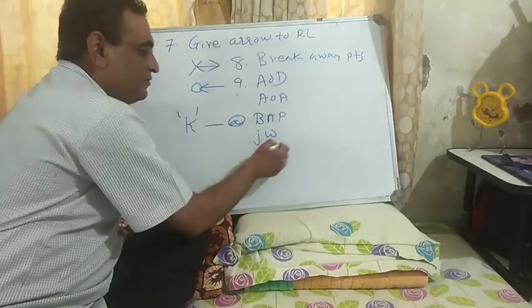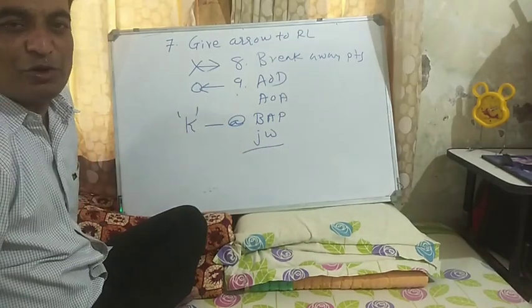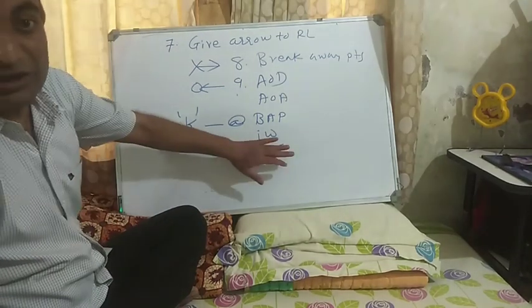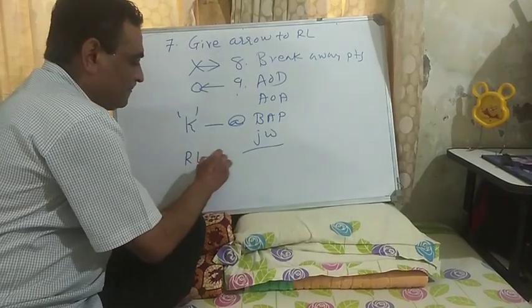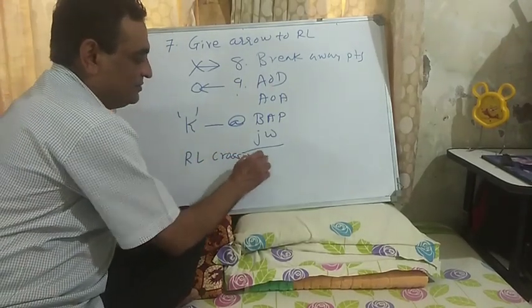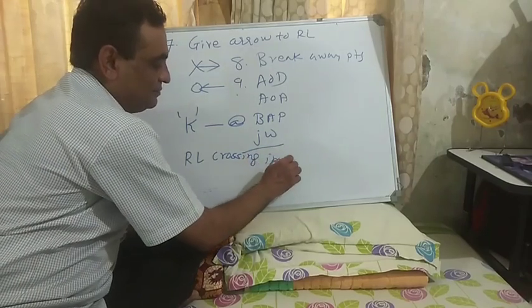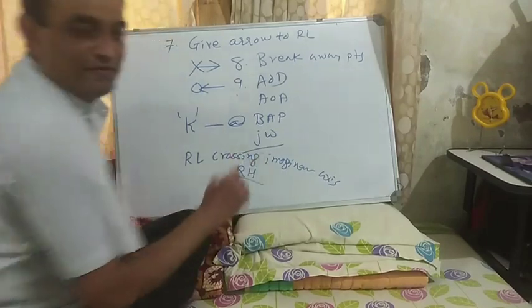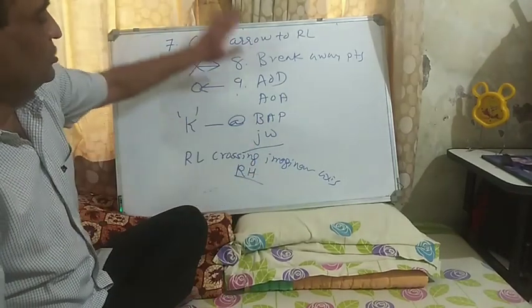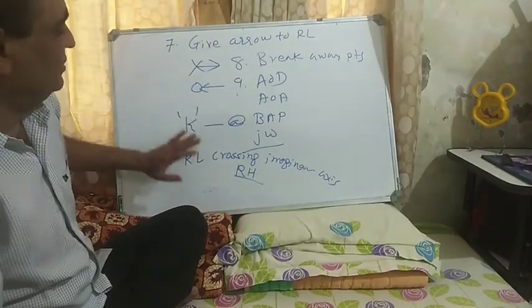How will you calculate whether the root locus is crossing the imaginary axis or not? We forgot one rule, that is root locus crossing the imaginary axis. Via Routh-Hurwitz you can find that point also. So this is where K is needed.